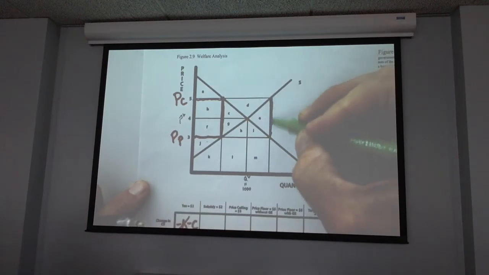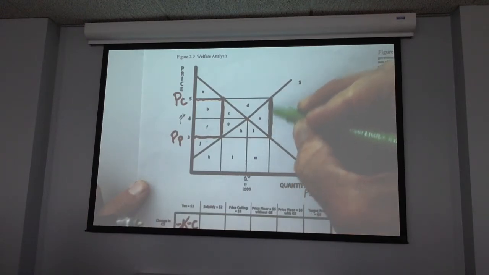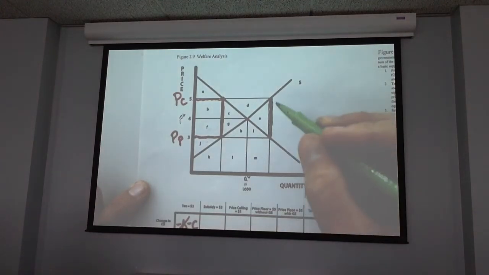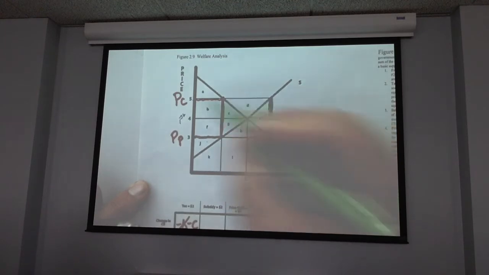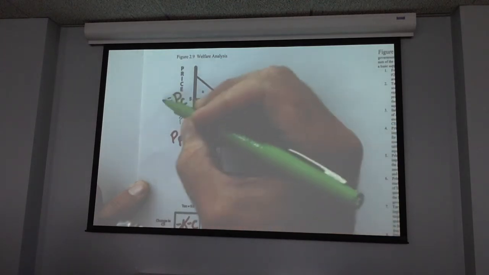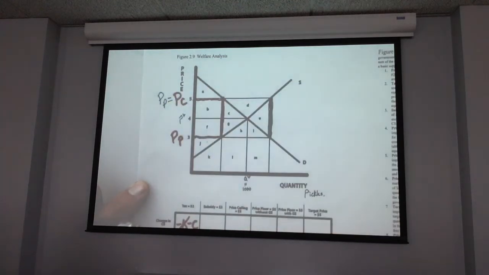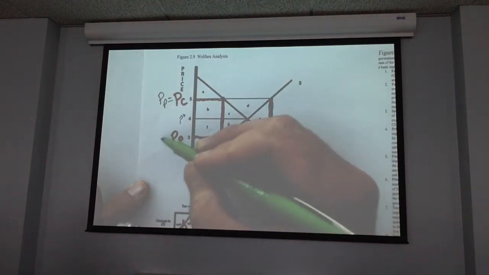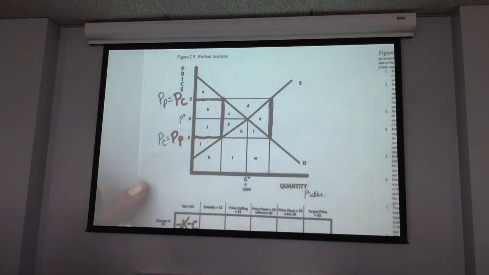You guys can't see these colors as well, but I actually got this in green. So there's a green line here, and the top part of the subsidy wedge touches the supply curve telling you the price that the producer receives. The bottom part touches the demand curve telling you the price that the consumer pays.